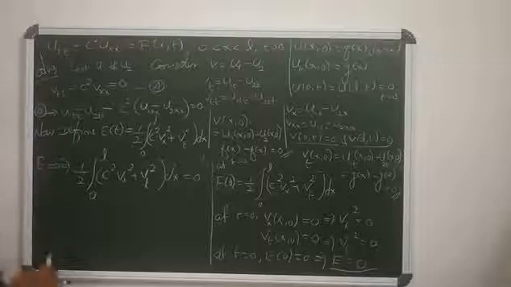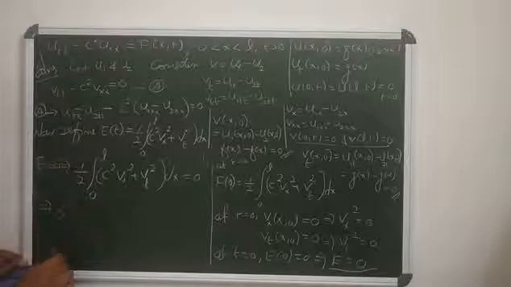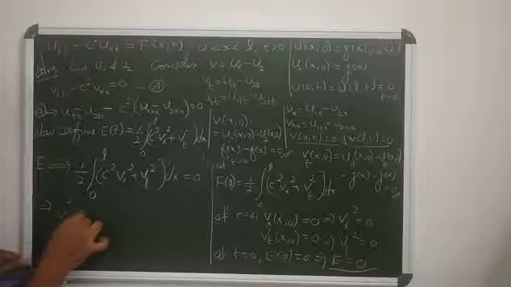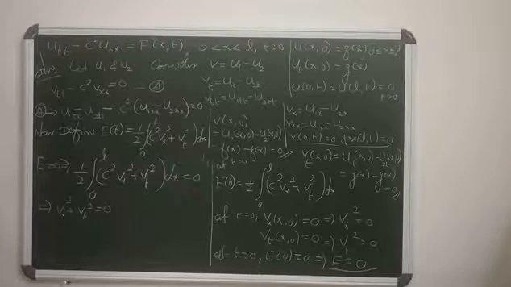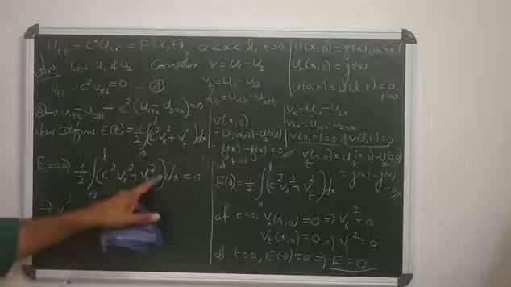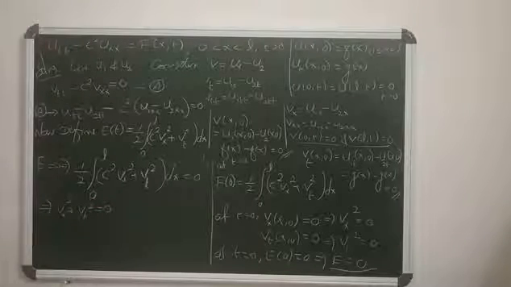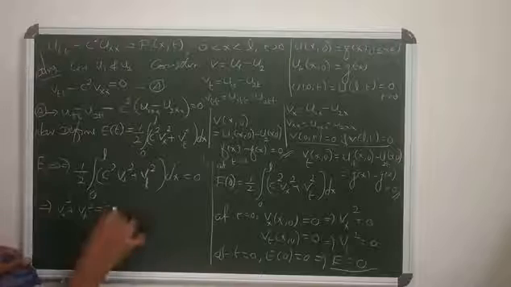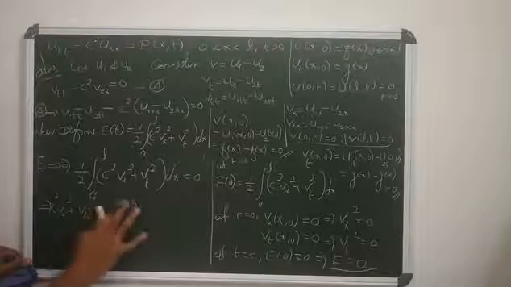So the integrand becomes 0, which happens only when c square vx square plus vt square equals 0. Sorry, the integrand is 0, that is c square vx square plus vt square equals 0.